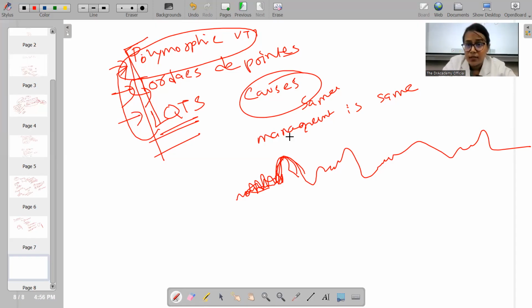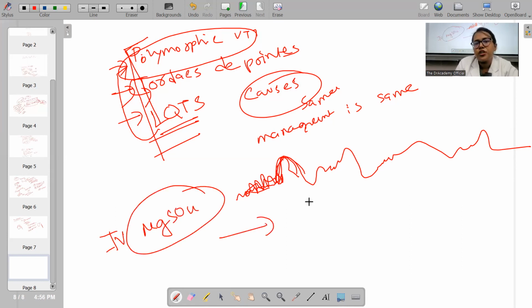The important ones are the causes. The causes are very similar and the management is almost always the same. For torsades de pointes, the single most important management is to give IV magnesium sulfate, which is also used in eclampsia patients, right?